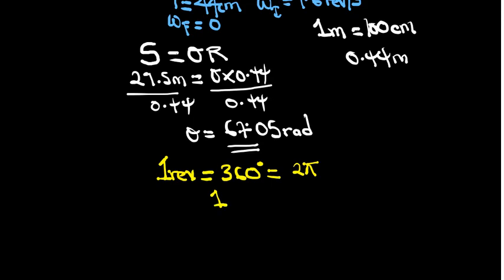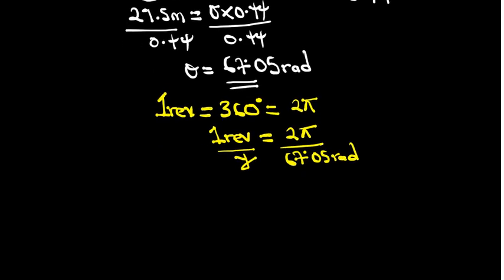So one rev is going to be equal to 2 pi. How many radians are we having here? We're having 67.05 rad. I'm trying to find out the number of revolutions because that is what the question requires me to do. So how do I go about the question?